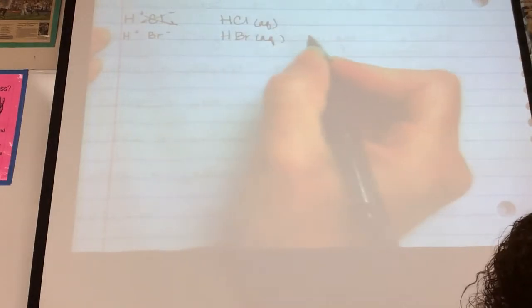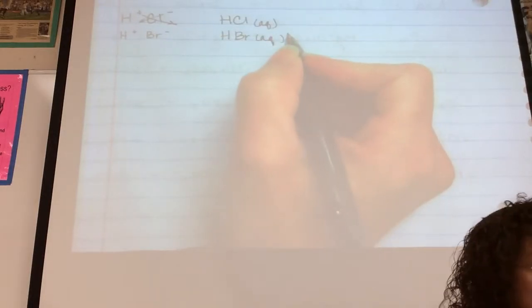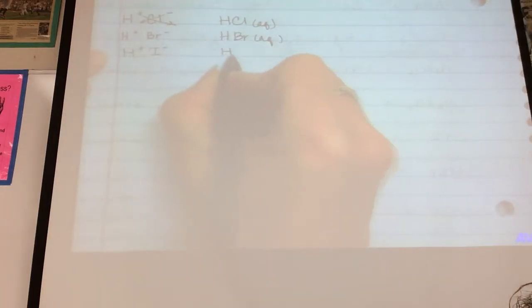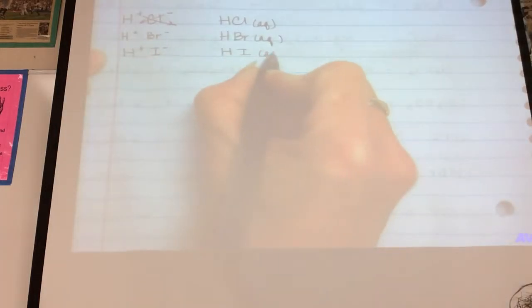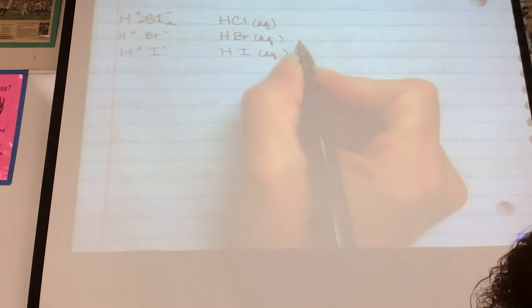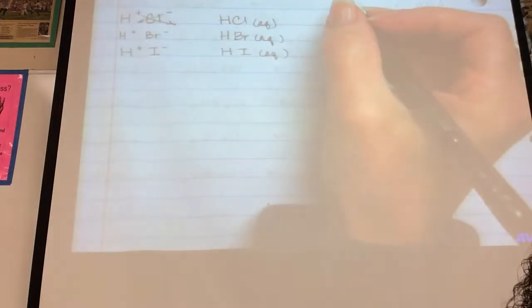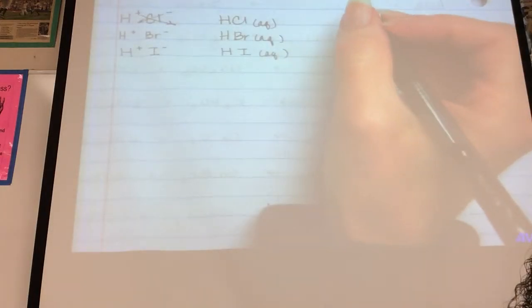Are they always going to be aqueous? For the acids, yeah. Hydroiodic acid. And one point I definitely want to drive home, although this class seems to have a pretty good grip on this concept: we mentioned that there are 8 strong acids.